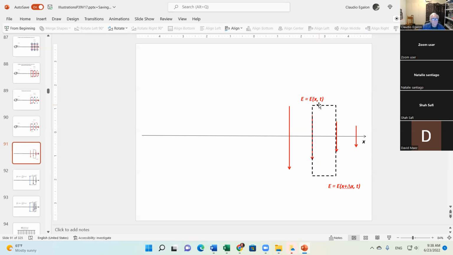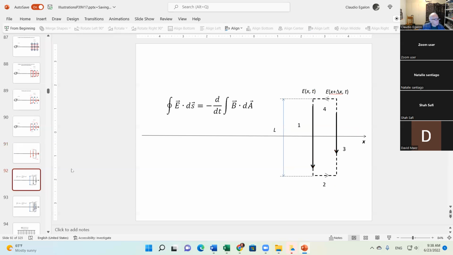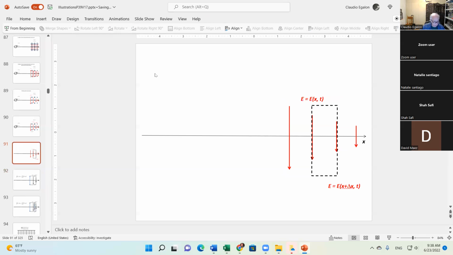Remember, a little bit off so that we manage to see the fields, right? There's a reason why I chose this loop. The equation, I'm going to copy this equation and paste it in there.